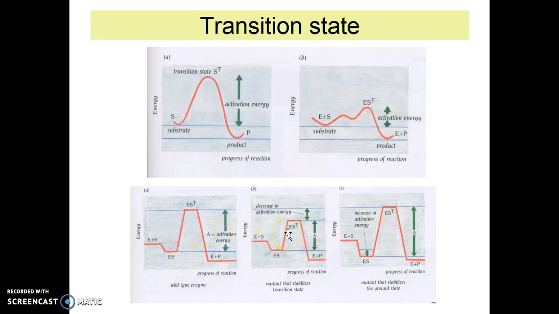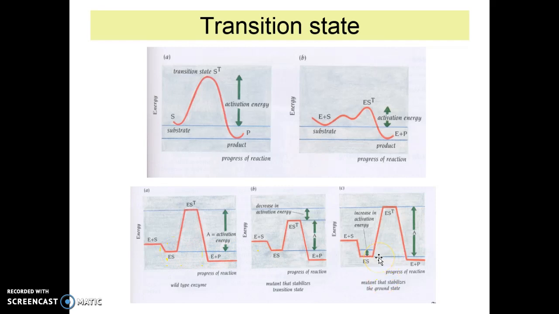If, on the other hand, the enzyme were to bind the unaltered substrate more strongly than the transition state, as you see in C, its complex is much tighter than the wild type.